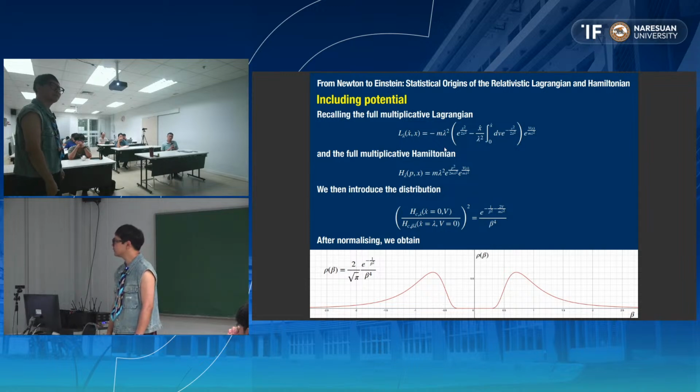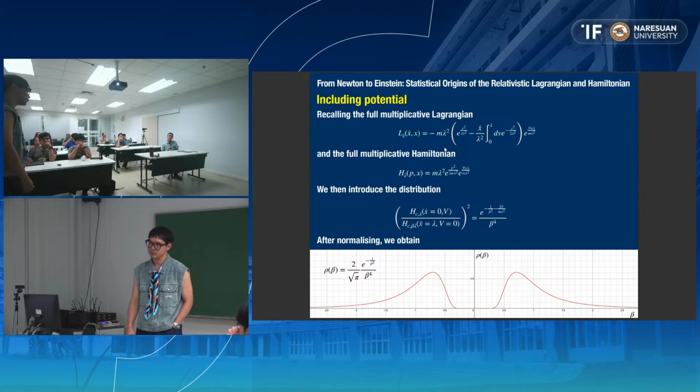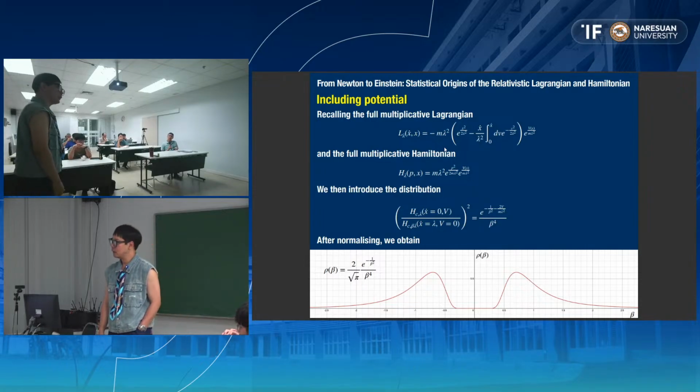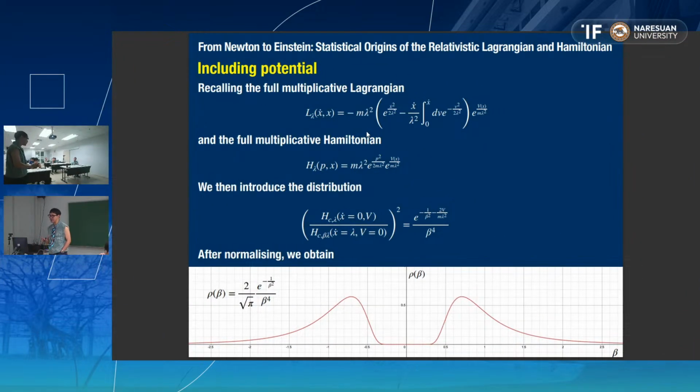Okay. So the normal distribution would give the same answer? Yeah, sure. This one and the bell curve one give exactly the same relativistic Lagrangian. Oh.